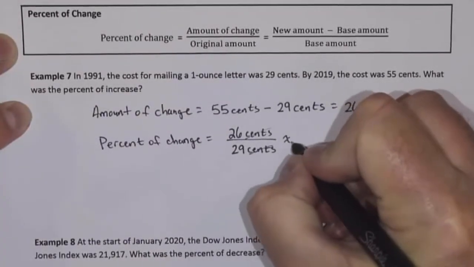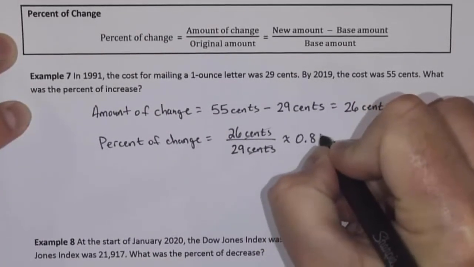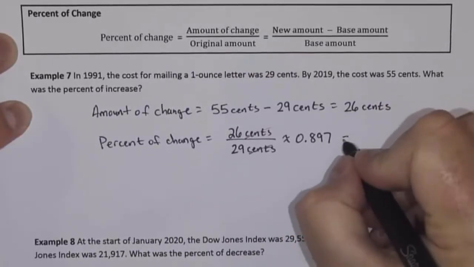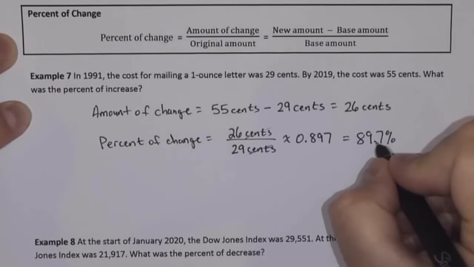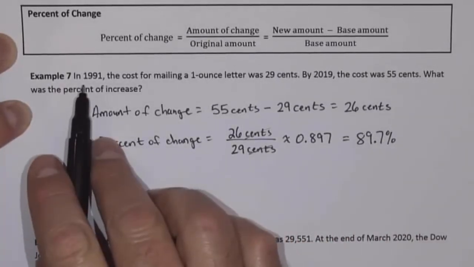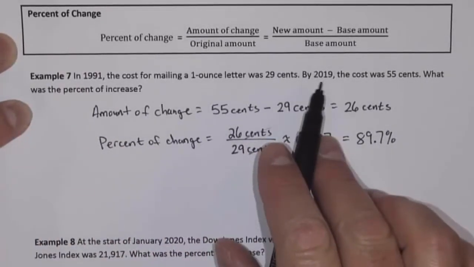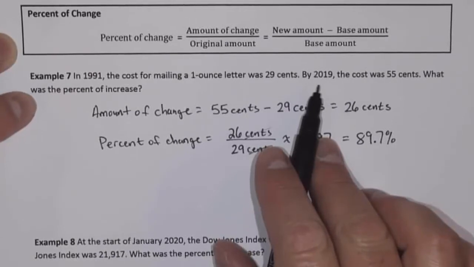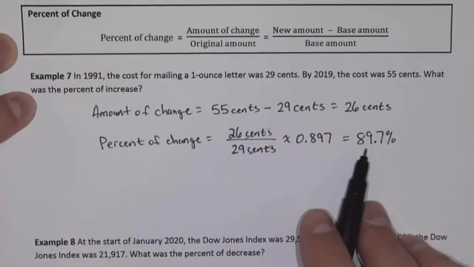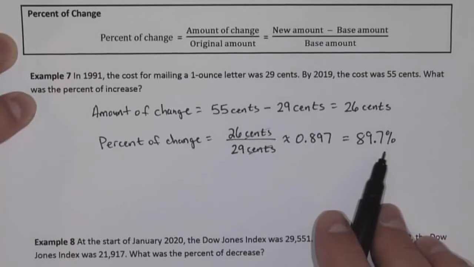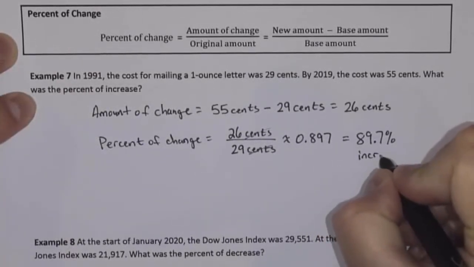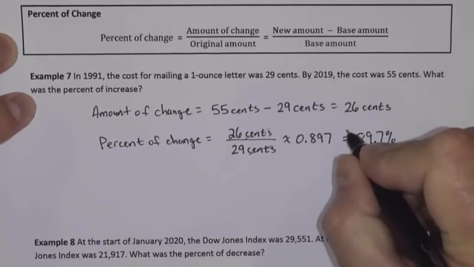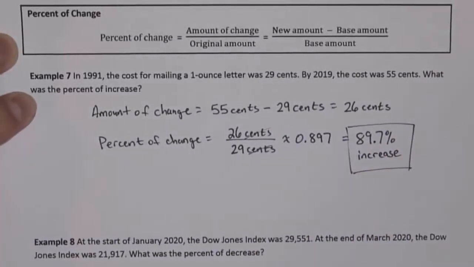So this is approximately equal to 0.897, which will be 89.7%. So from 1991 to 2019, the cost of mailing a 1-ounce letter increased by 89.7%. So we say that we have an 89.7% increase. So there is the answer to example 7.